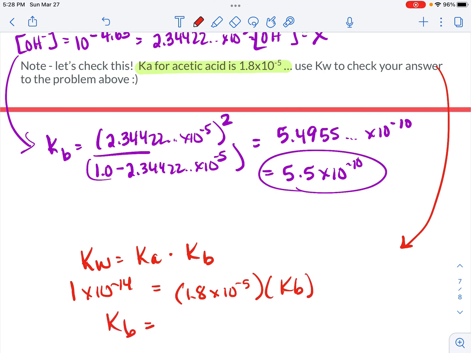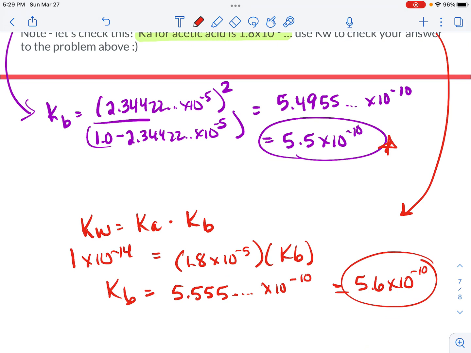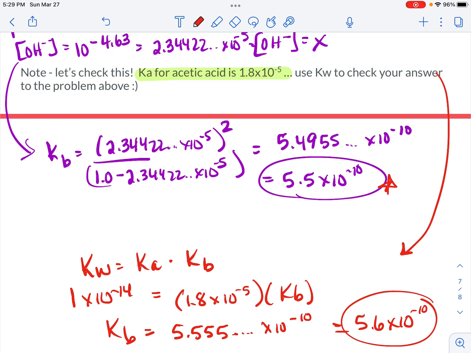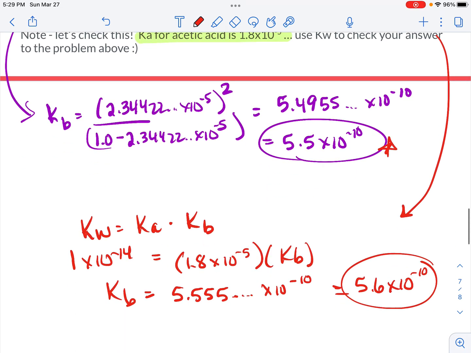So I solved this by dividing by 1.8 times 10 to the negative fifth, and I got 5.555, a bunch of numbers, all fives, times 10 to the negative 10th, which would round to 5.6 times 10 to the negative 10th. So this is really close to what I found up here as the Kb from my math. So this is just going to be from rounding, and because this 1 times 10 to the negative 14th would round a little bit differently, etc. So I'm pretty confident that what we did up above is correct.